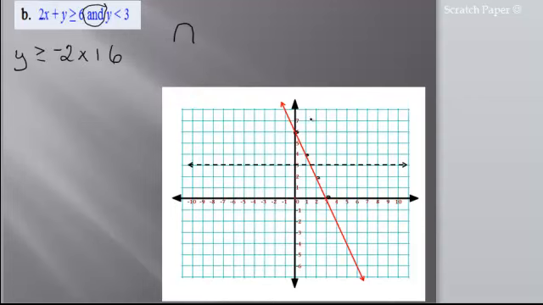So remember earlier we said we would shade above the red line and we would shade below the black line. So the only thing that they have in common is this area right here. So that will be the intersection. Only this little bit right here.